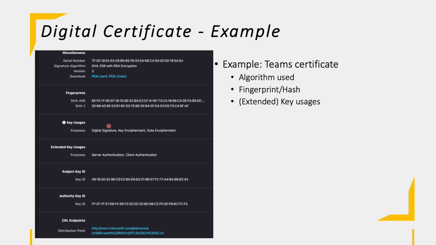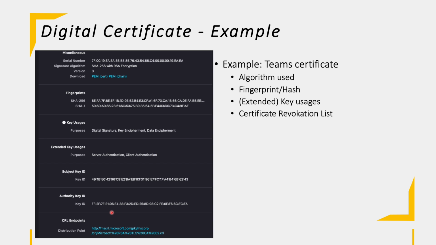Then what the key is used for, or extendedly used for: purposes are digital signature, key encipherment, data encipherment, and for extended usages it's server authentication and client authentication. So pretty much for any kind of authentication purpose, both client and server.